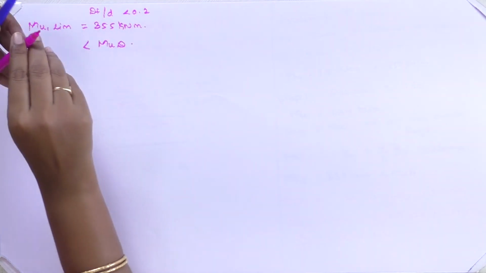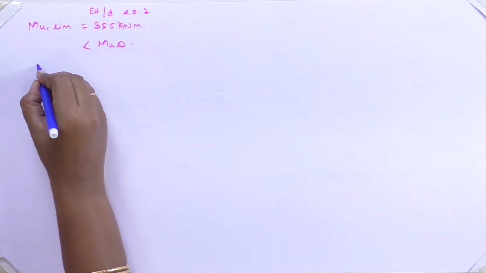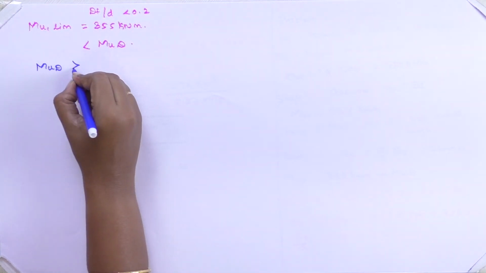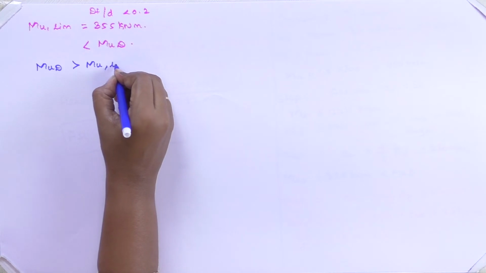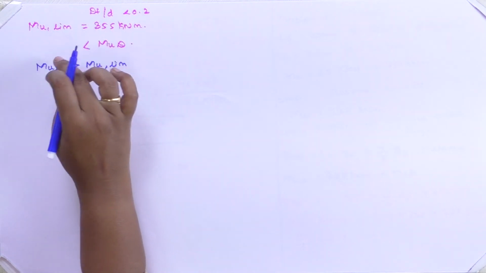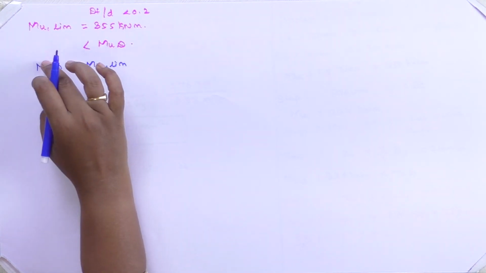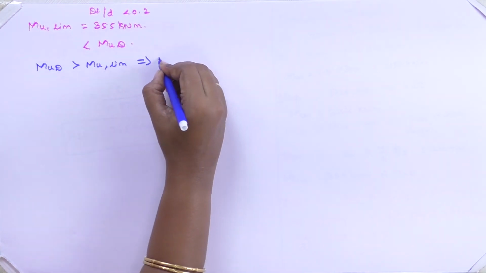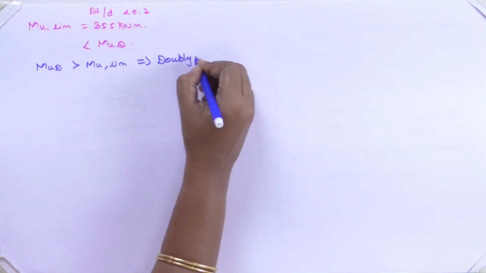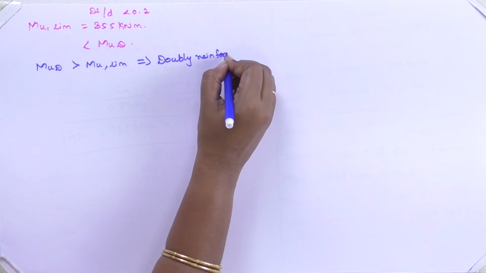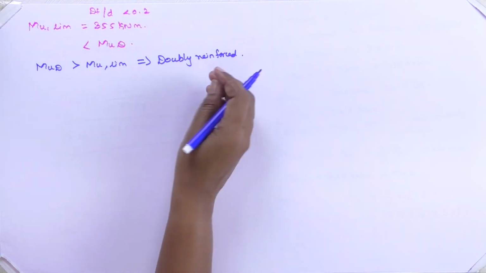Here, when MUD is greater than the MU limit, this is the limiting value, but in our case MUD is greater, so I'll obviously go for doubly reinforced. If not, I'll proceed with the singly reinforced section.